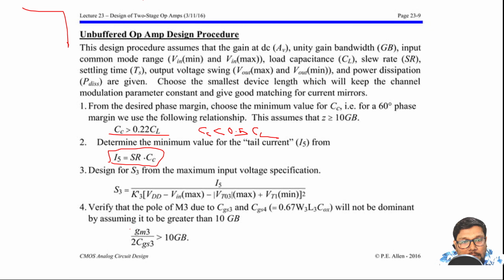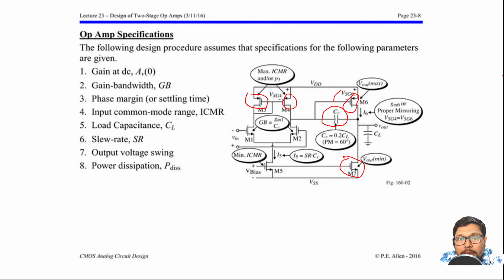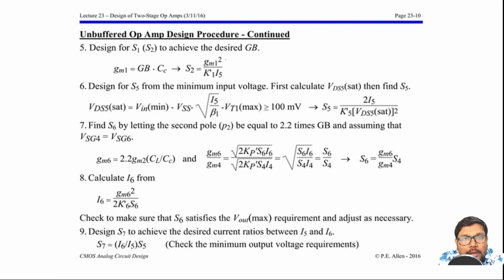Okay, from that we can see that this value should be greater than 10 GB, means third pole that happens because of this point, another pole will happen, this should be outside the 10 into gain bandwidth product. From GM1 we'll calculate S2, and then this one, all this calculation we will do.